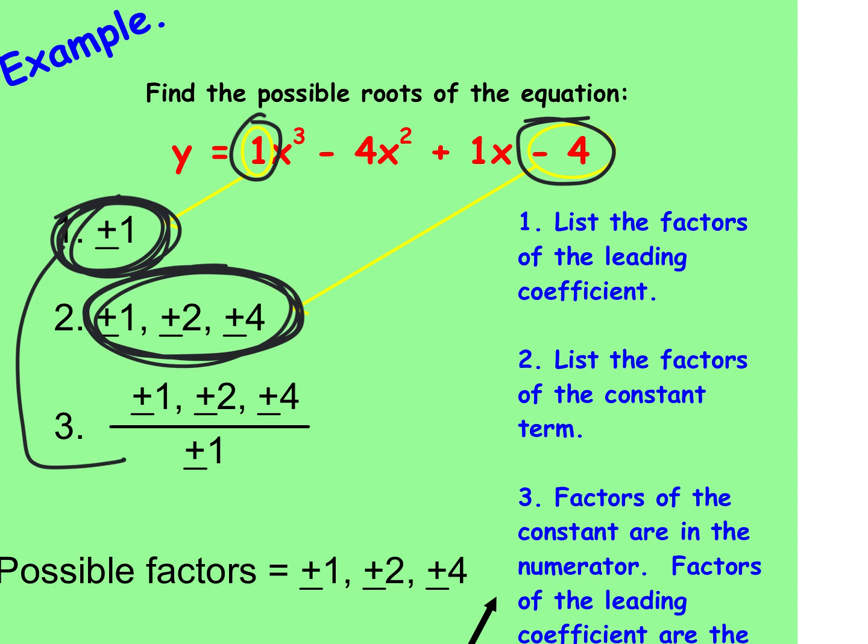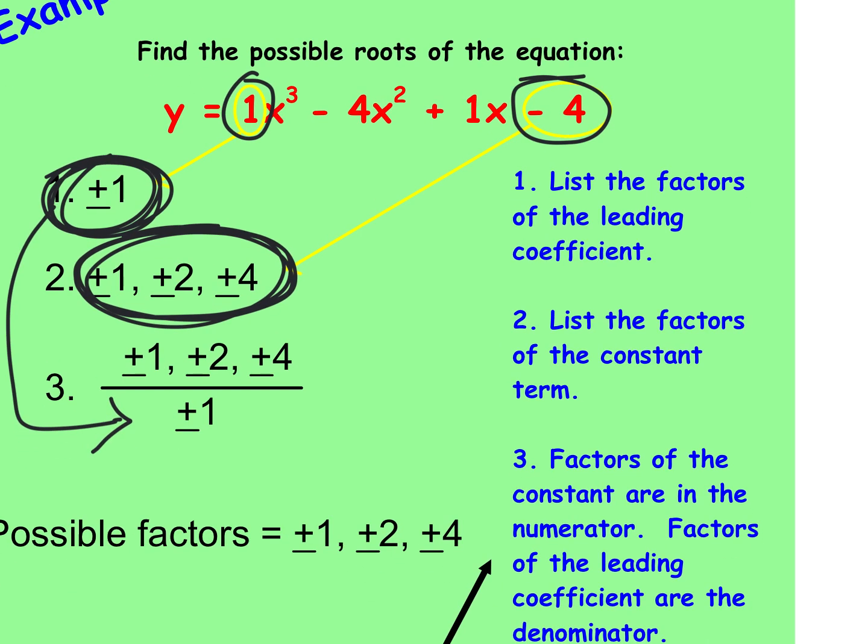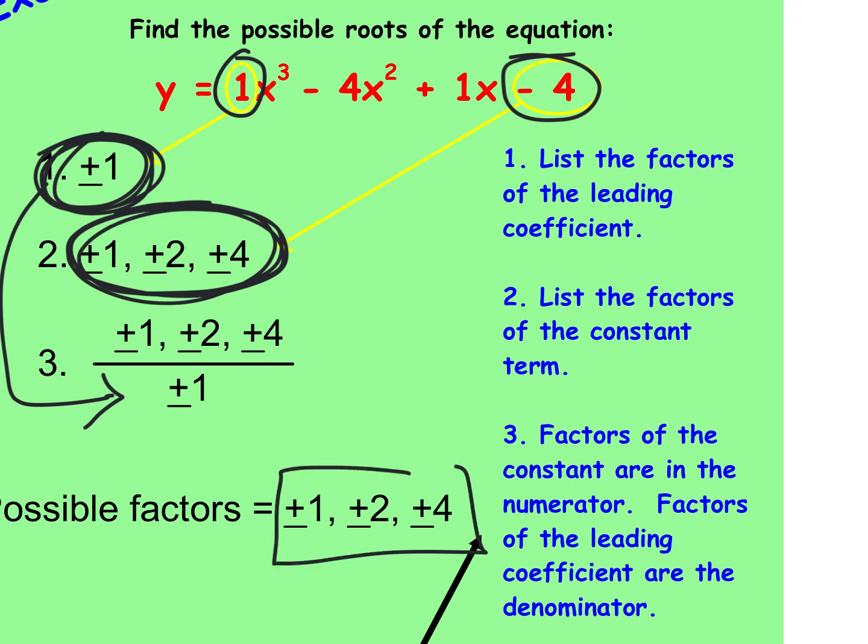See how that goes on the bottom? You get final answers. It could be these 3 things. How do you know which one's right? You don't until you try it with synthetic.